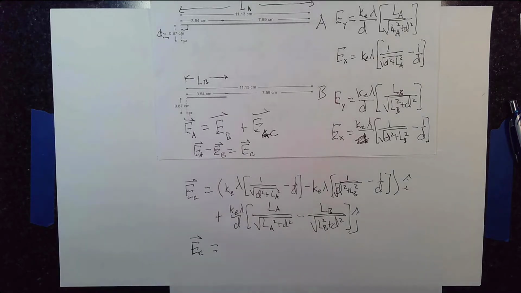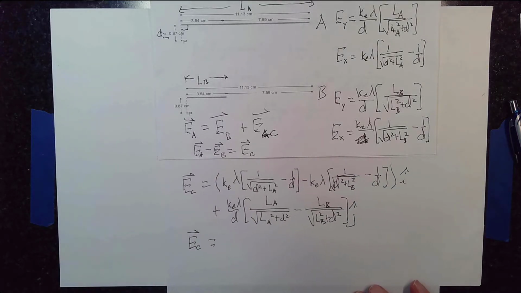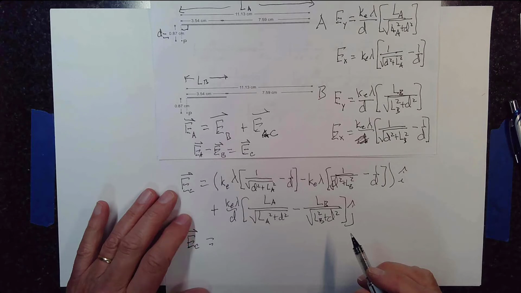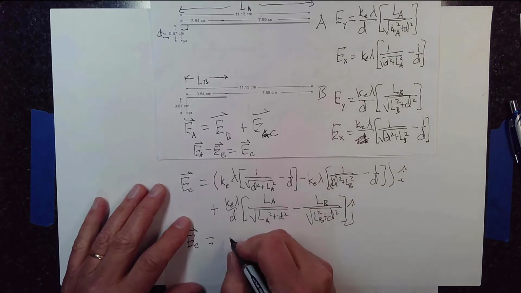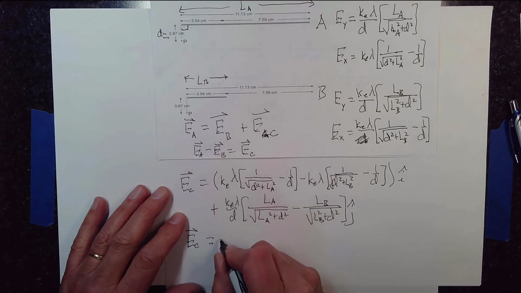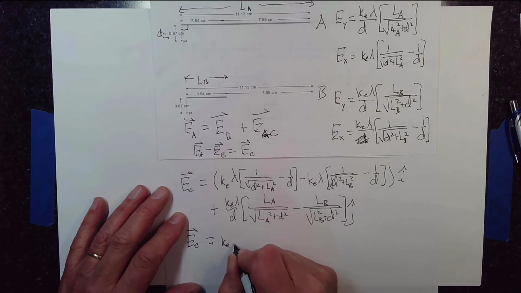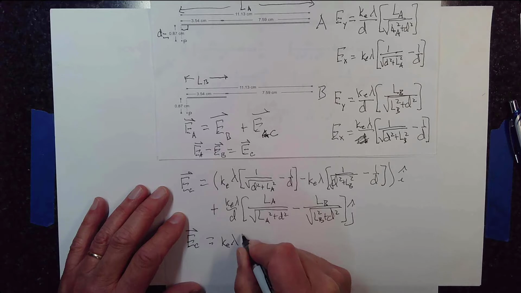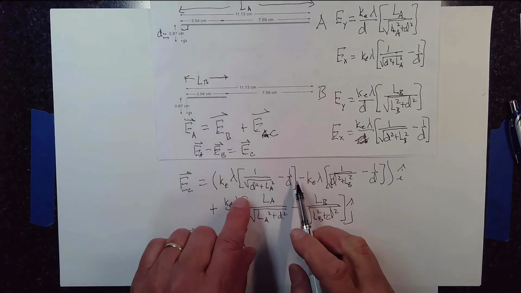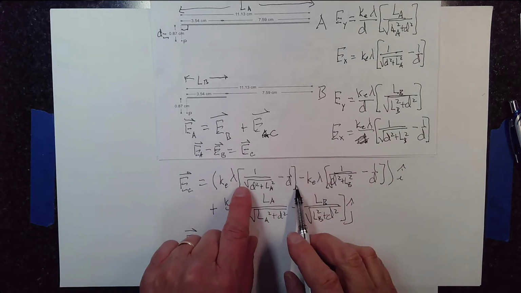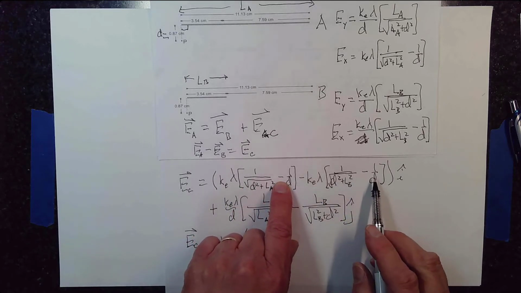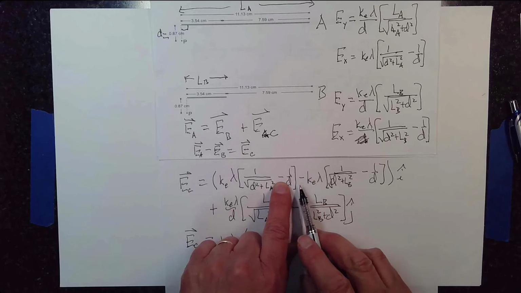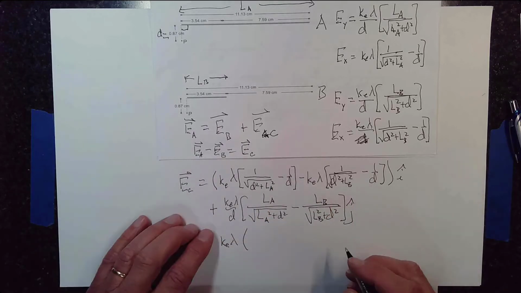This will give us a nice expression for the electric field. We'll have to plug in the numbers to figure this out, but that's all right. K sub E lambda I can pull out. And when I subtract this from this, there's a minus 1 over D minus a negative 1 over D, which is like minus 1 over D plus 1 over D. Those drop out.